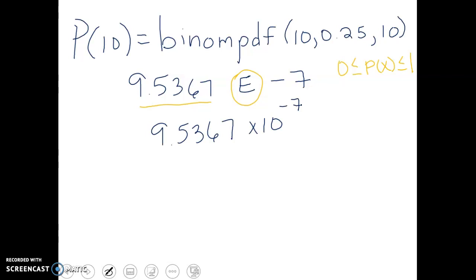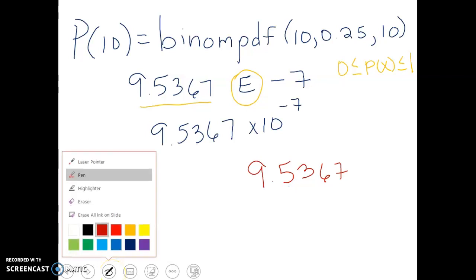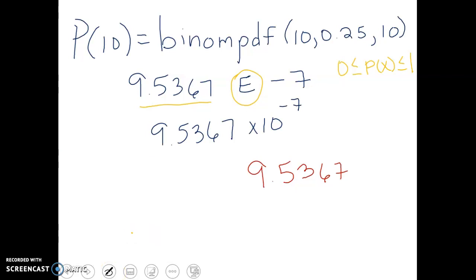You don't have to rewrite it like I did just there, but what you do need to do is rewrite this in regular format, not in scientific notation. So I'm going to write the number right over here, 9.5367. What you're going to do is move your decimal 7 places in the negative direction, which is to the left.